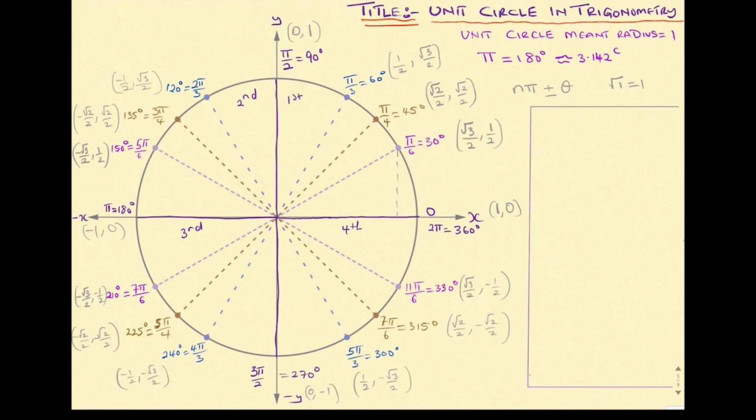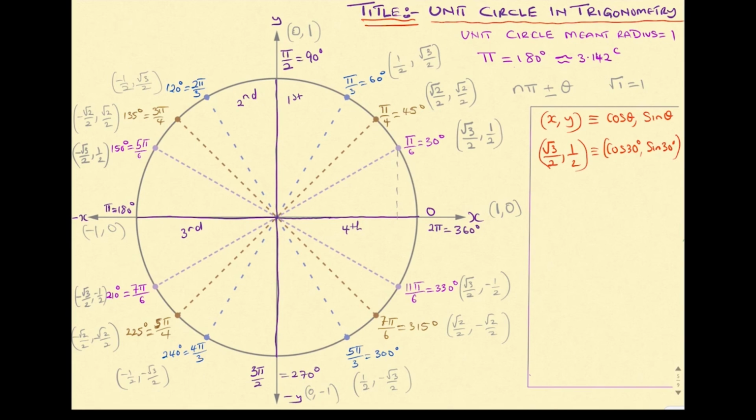Now the x and y coordinates correspond to the cosine and sine of the angles. So the x and y coordinates are equivalent to the cos angle and the sine angle. What that means is, for the coordinates of 30 degrees, root 3 over 2 and a half correspond to cos 30 degrees and sine 30 degrees.